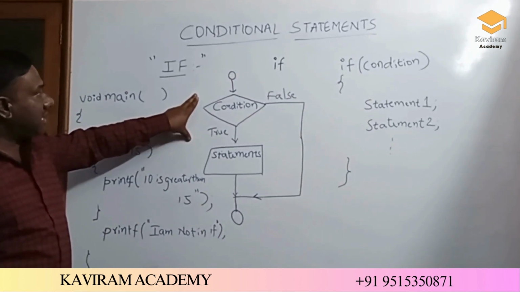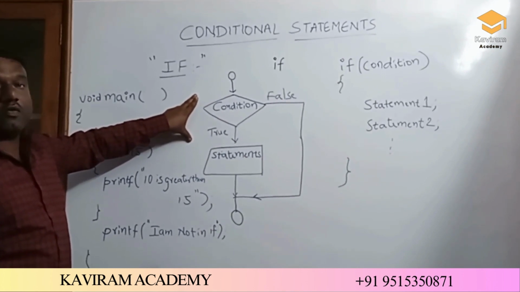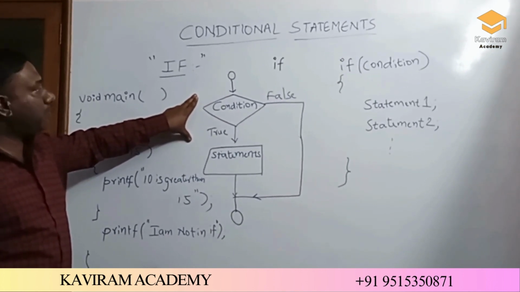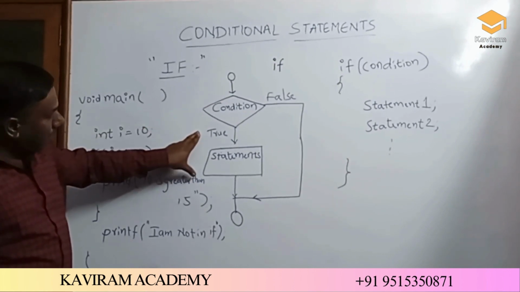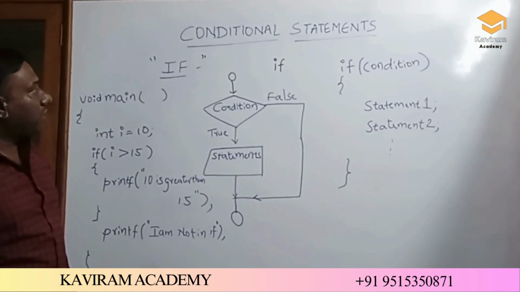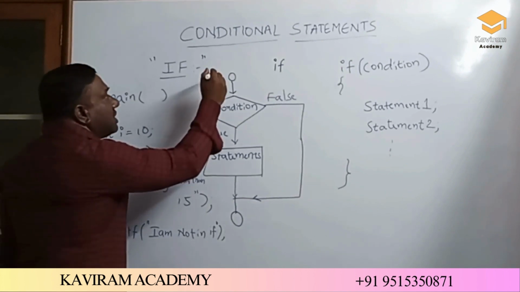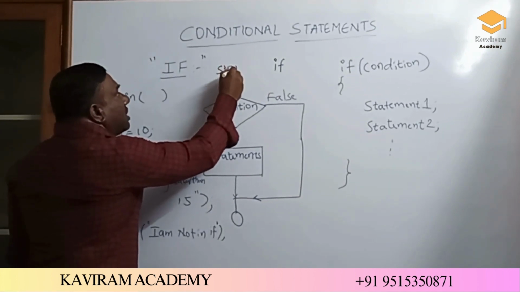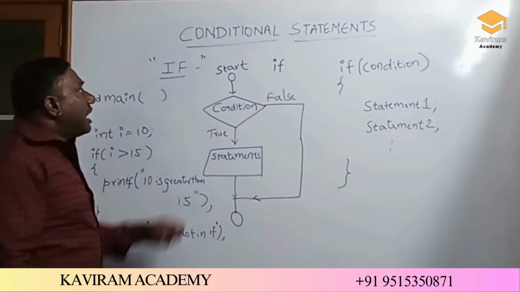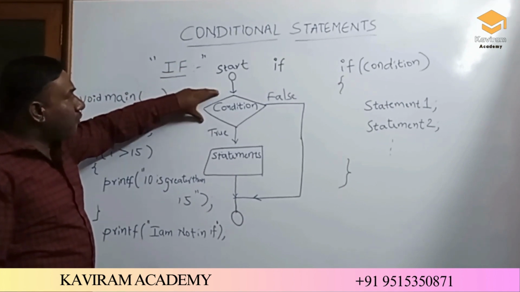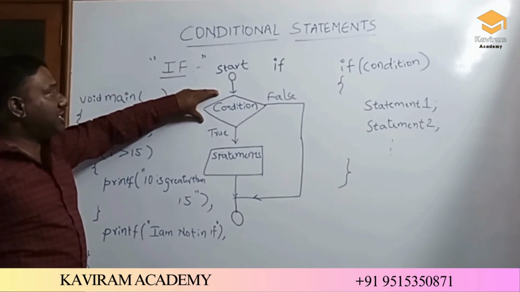What is this if, and how does the flow of control or flow of execution take place in your C program? If you see the if case, this is your start. Whenever the program starts, we take a condition.